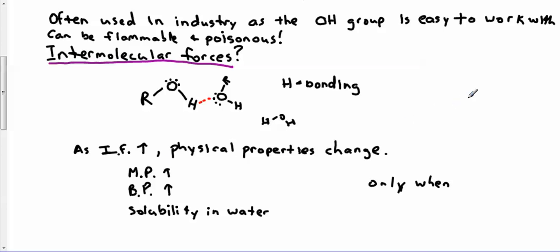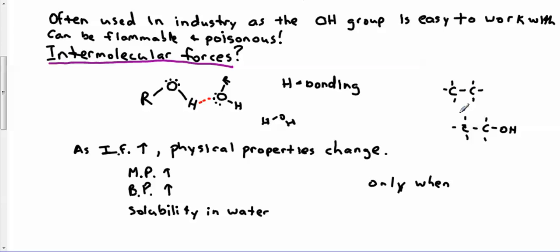So for example, if I was talking about ethane as opposed to ethanol, which I just drew up there, and I tried to compare these two things, the alcohol would have a higher melting point than its cousin, plain old hydrocarbon.